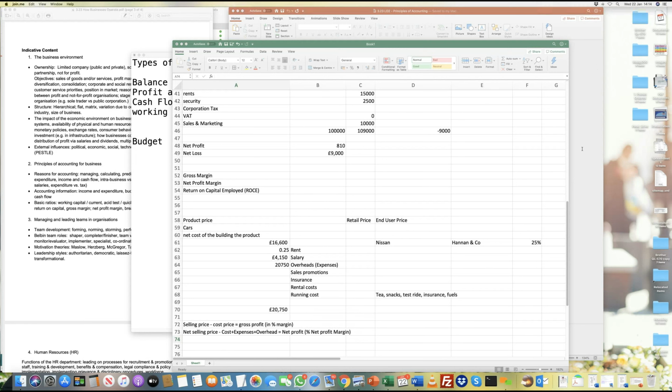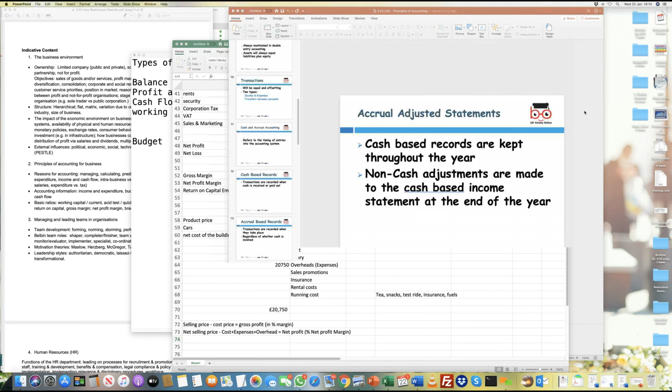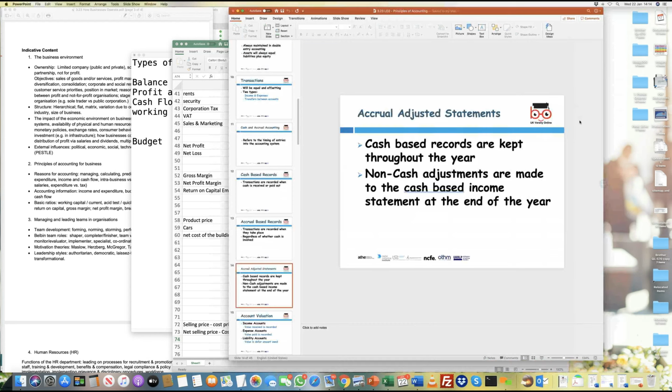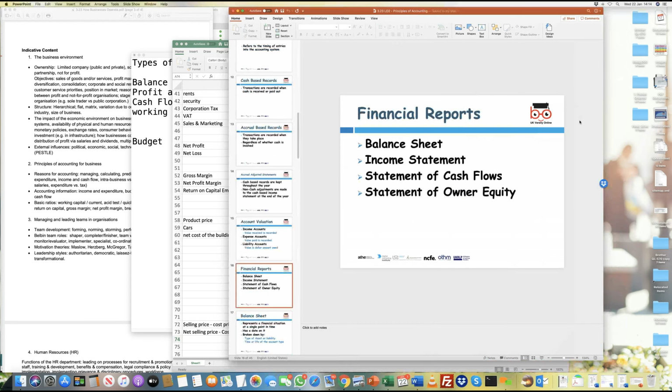In this case, you're coming across some new terms, which are things like expenditure. We're looking at net profit, gross profit, and that is how we will calculate that in the case of an organization. Now, let's briefly look at some of the financial reports that we look at.